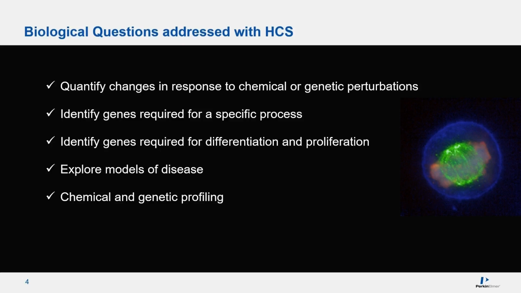Or we can look at cellular process like differentiation or proliferation, and then using different model of diseases, for example, be it cancer models or infectious disease. And then we can also add different drugs, small molecules and compound to do genetic and chemical profiling to see how the cell responds to this treatment.